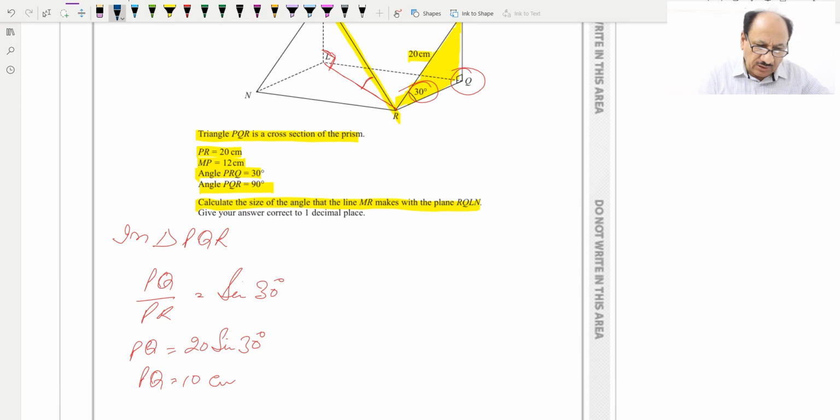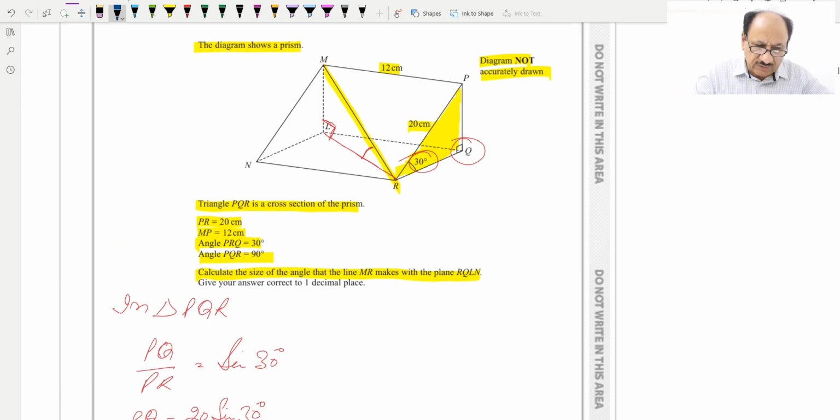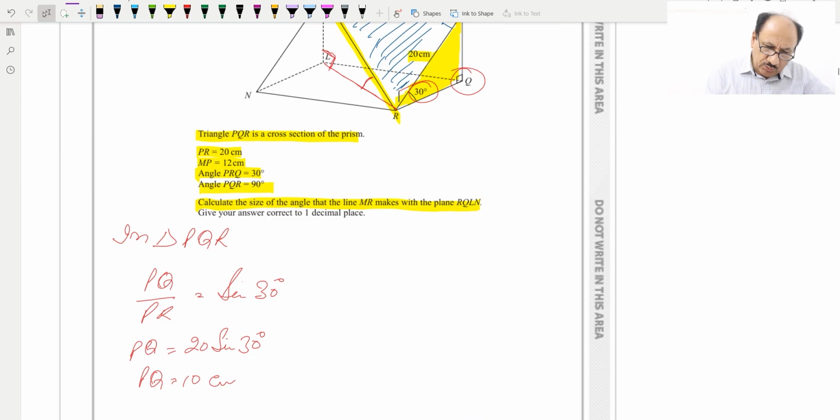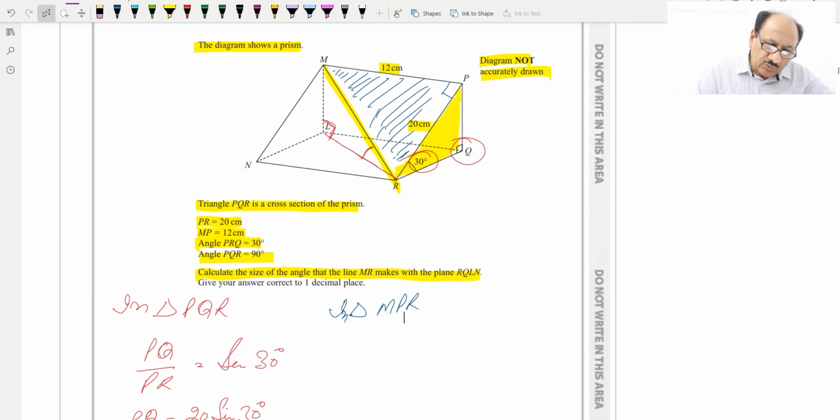Now we can calculate the other side, which is MR. For MR we can consider this right angle triangle, which is MPR. So in triangle MPR, by Pythagoras theorem we can find.